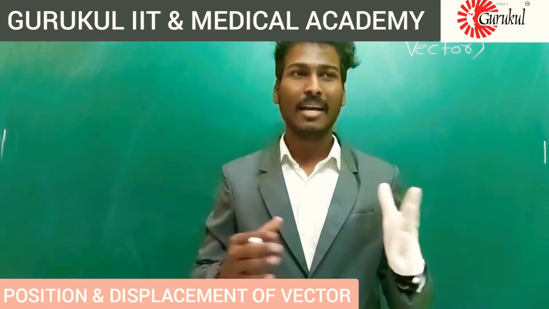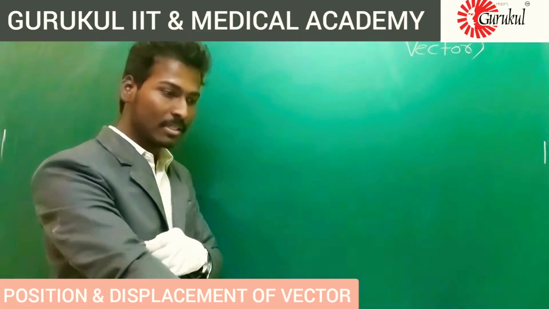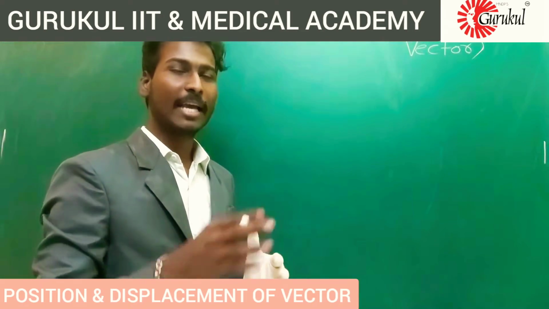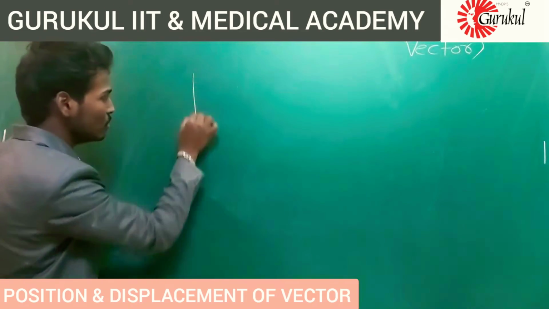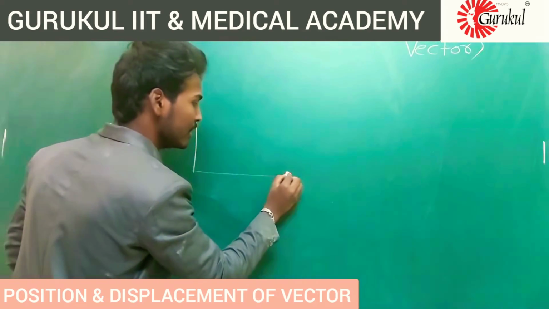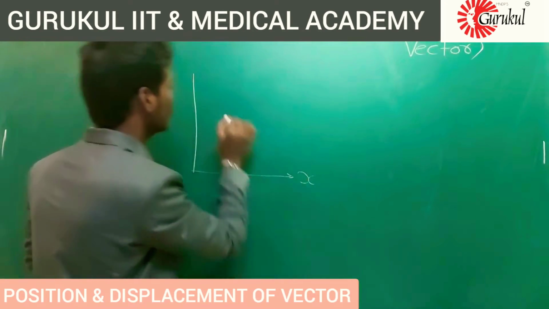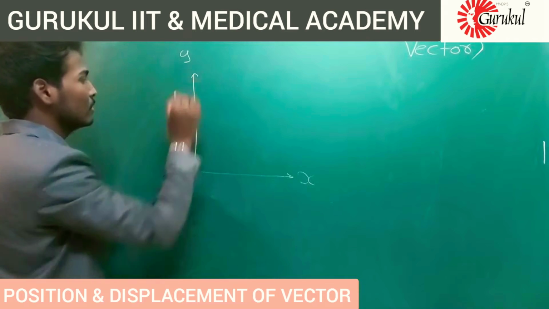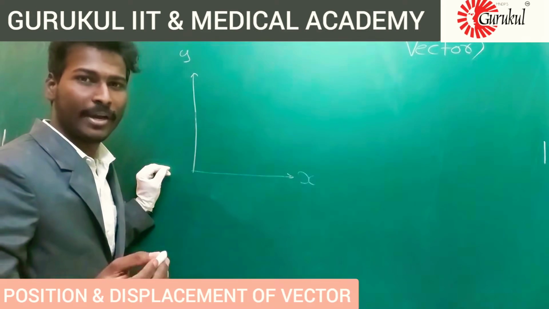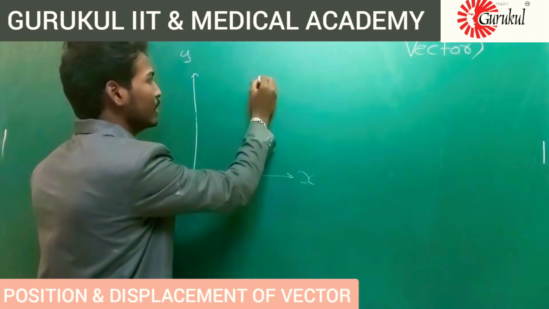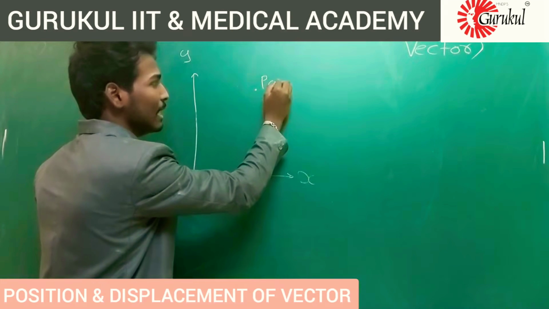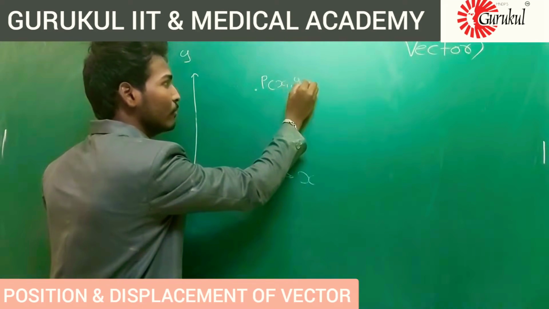For example, let's take a two-dimensional structure, that means the Cartesian plane xy. So this is our Cartesian plane, x and y. Let's say we have a point or object P whose coordinates are x1, y1.